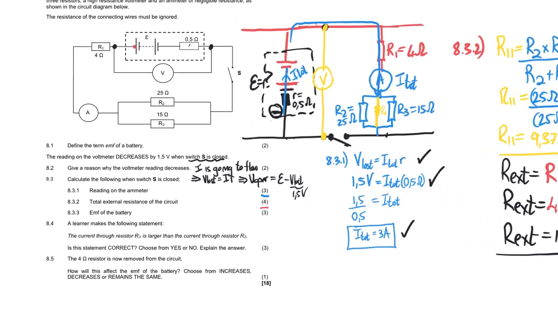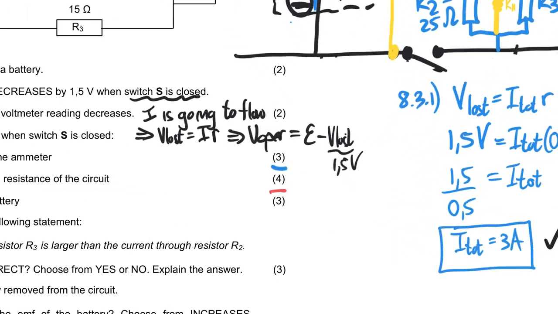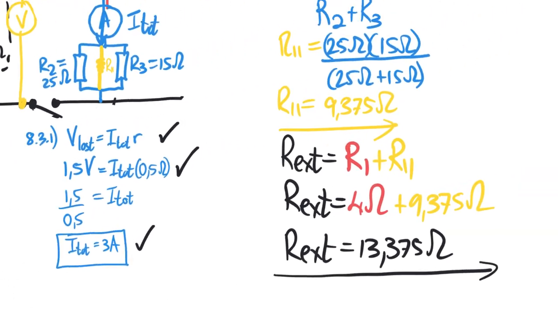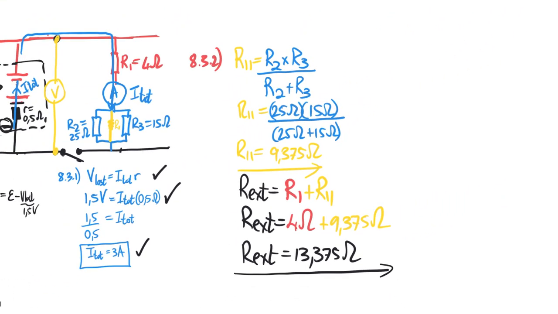So if we look now at the mark allocation, it's 4 marks. So I would surmise that there would be 1 mark for the formula for R parallel, 1 mark for the substitution, 1 mark for what R parallel is equal to, and 1 mark for adding the R1 and R parallel together to give us the total external resistance, that giving us 4 marks.